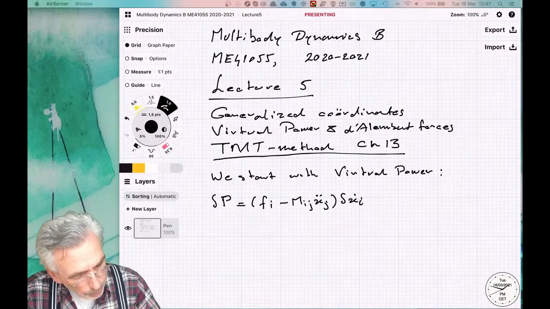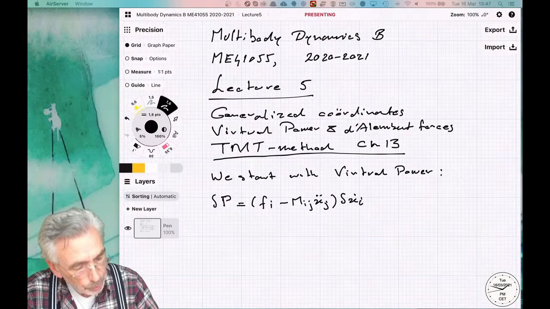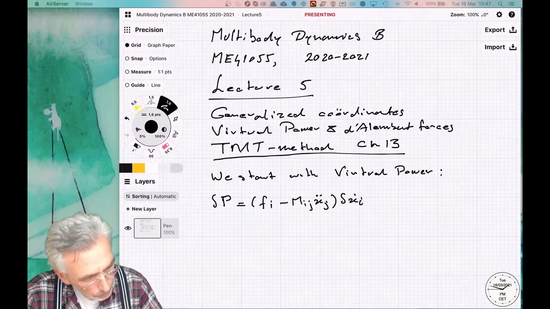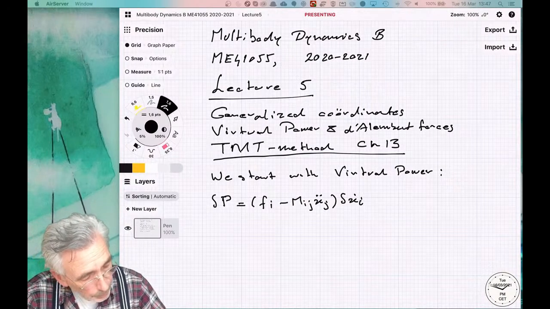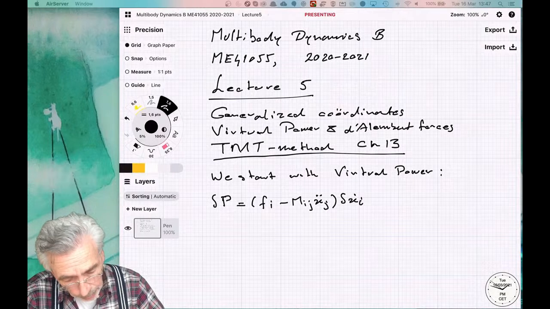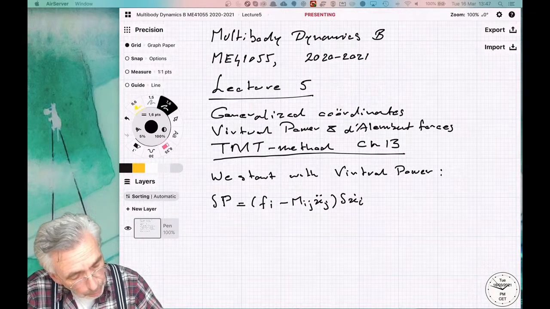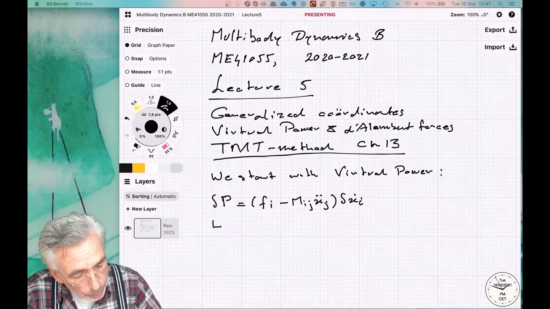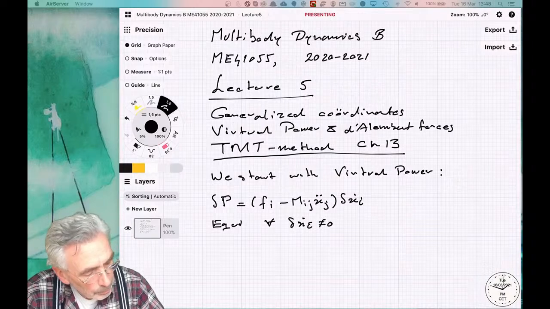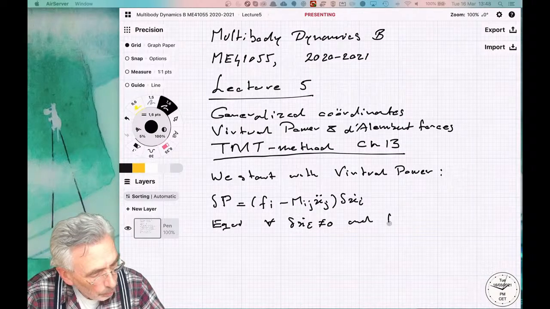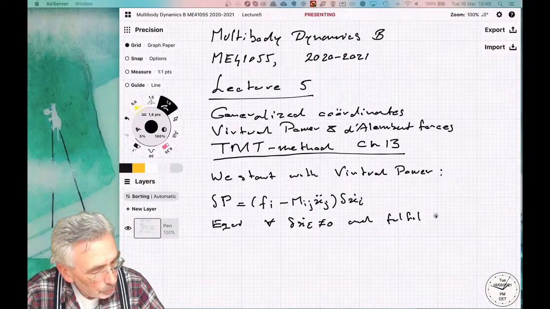So the force times the virtual velocity of the point of application of that force, minus of course the inertial forces. Then we say it's in equilibrium, that's our statement, for all virtual velocities, as long as they're not zero, and fulfill the constraints. That is our statement.